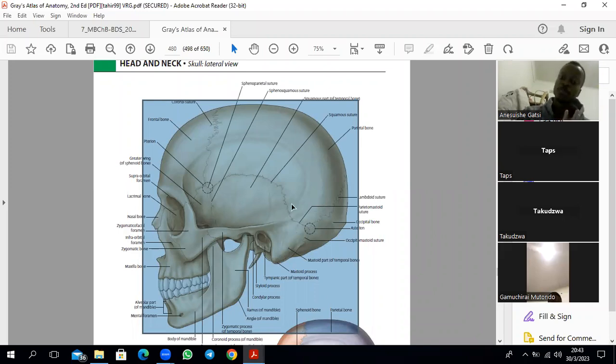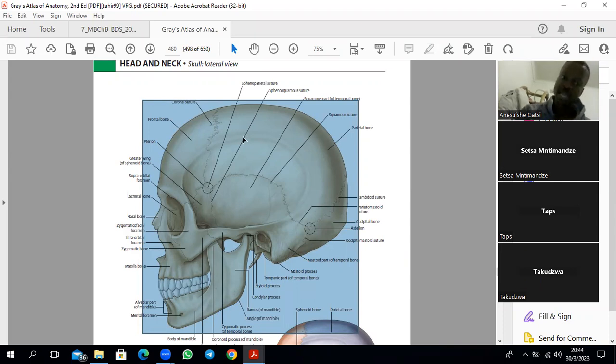So in terms of attachment, the superior temporal line serves as the attachment site for temporal fascia. Okay.